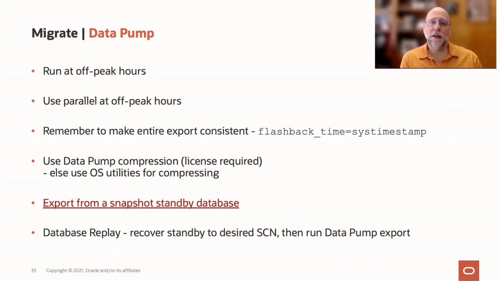But we can export from a snapshot standby, and we'll talk about how to do that in a little bit of detail here. That allows you also to coordinate with Database Replay by exporting as of a specific SCN and having your database capture from Real Application Testing start at that SCN. We can get a really good start point for both our replay and our export.